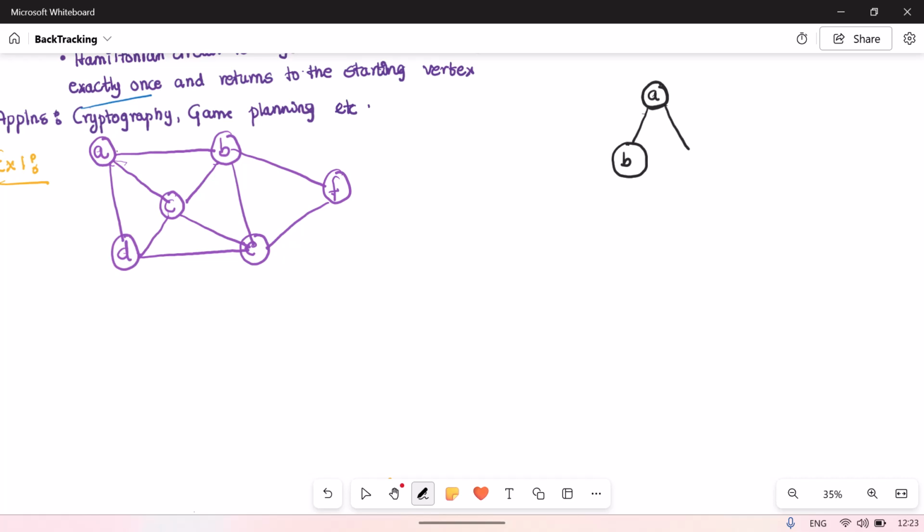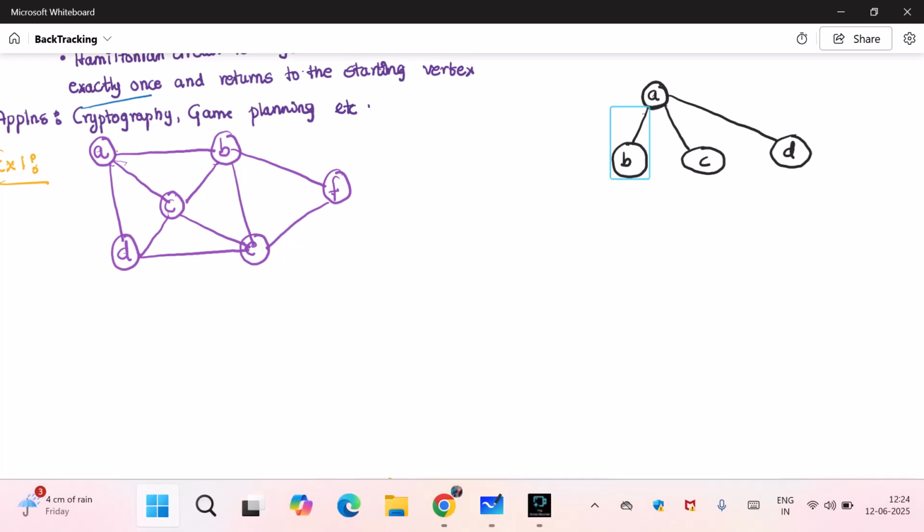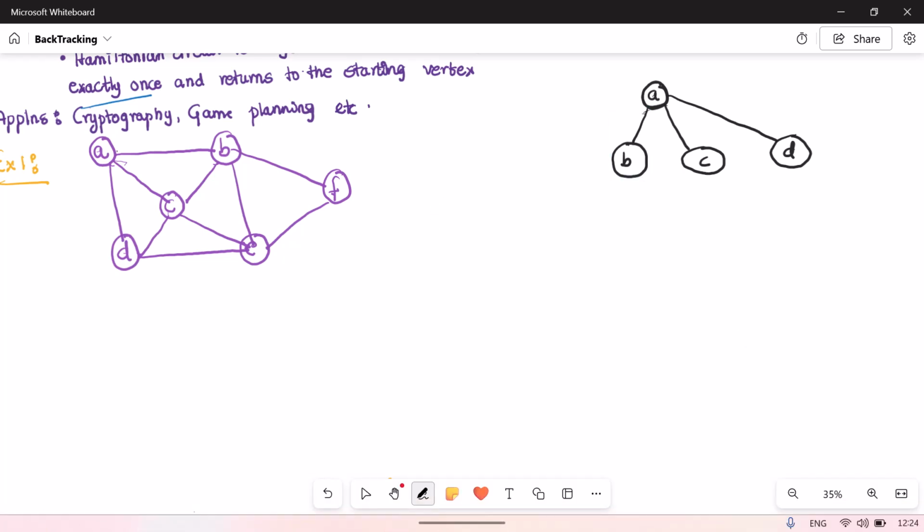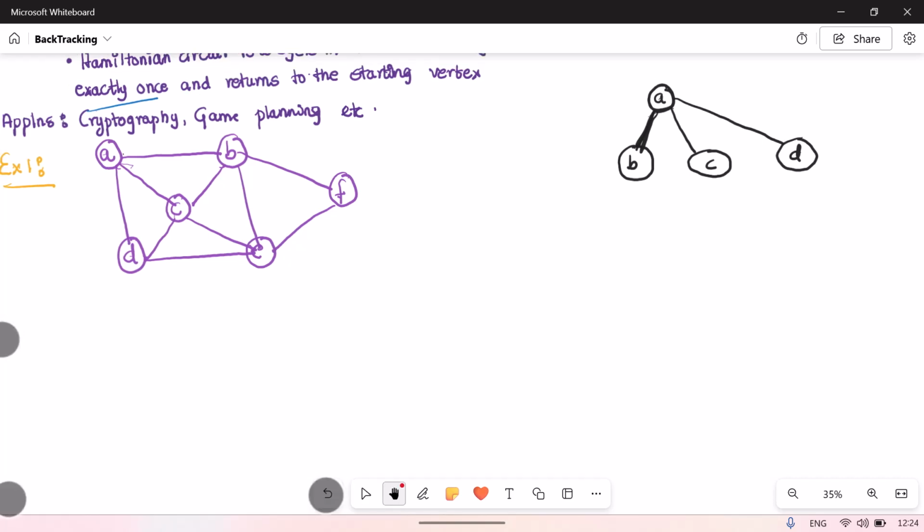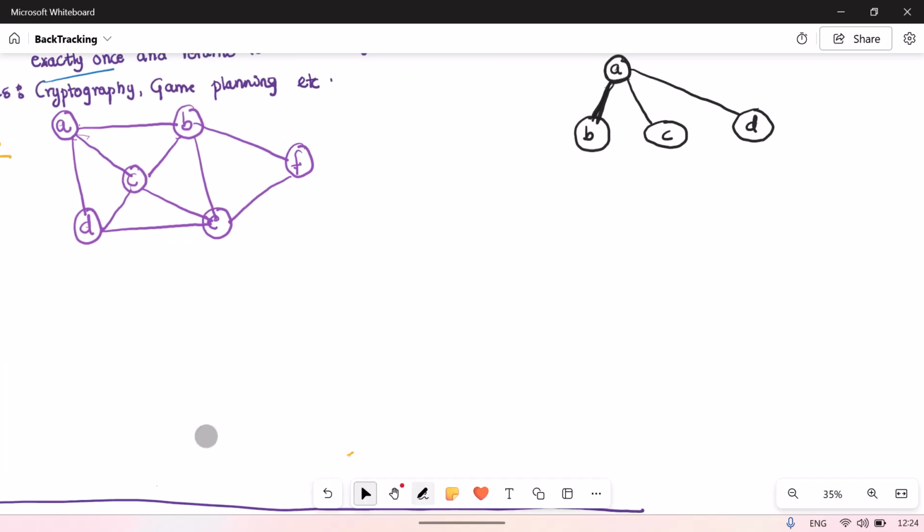From A, I can go to B, C, or D. Next, you take the first path and check whether it is going to give you the Hamiltonian cycle or not.